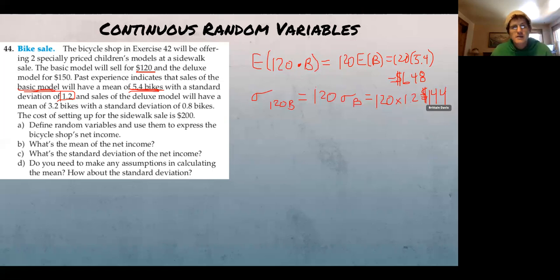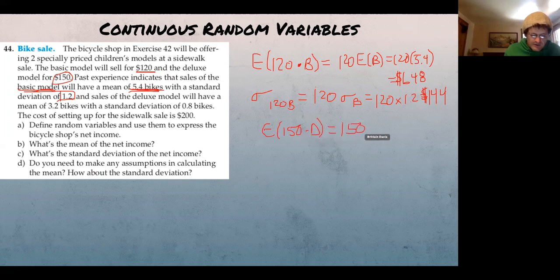All right, and I can do the same thing for the deluxe bike, so I'll do that pretty quickly. I'm just going to do 150 times each of my variables. So the expected value of 150 times deluxe is 150 times, how many deluxe bikes are we going to sell on average? 3.2.